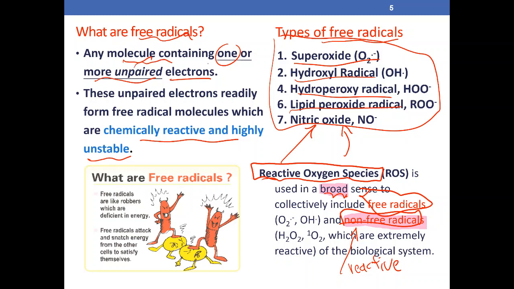You remember the definition of a free radical? It's unpaired electrons. This is the only difference, but for all purposes, reactive oxygen species is the term we'll be mostly using because it is the reactive thing. They're still both harmful, still both equally as bad. So this is what we'll be focusing on. And that's it for free radicals.